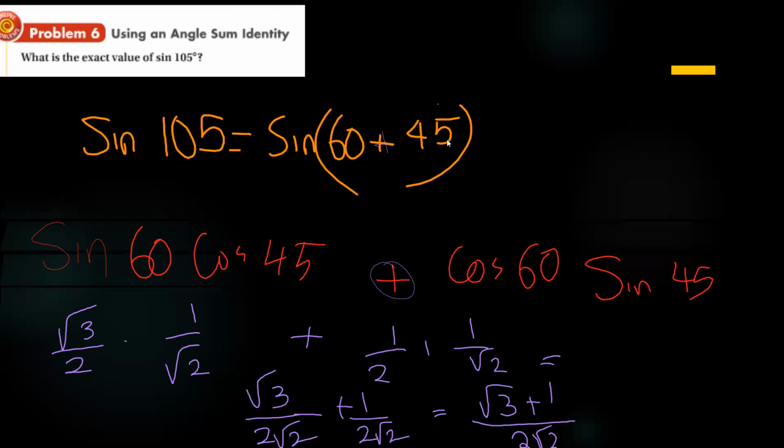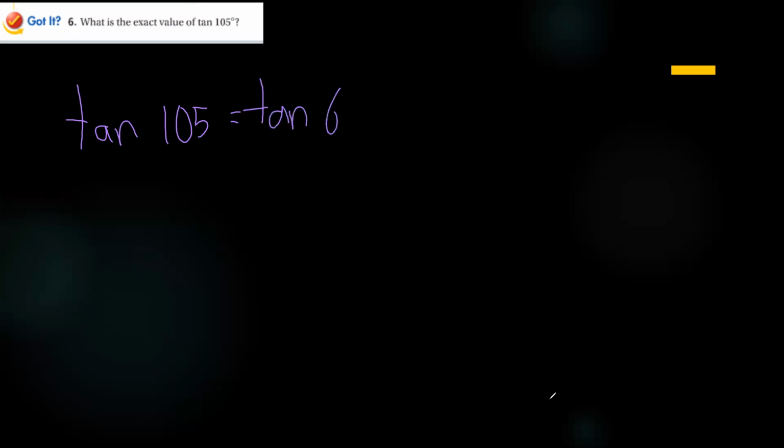Now, if I'm asking you to find tan of 105. As we said, 105 is 60 plus 45. Then we must write its formula.